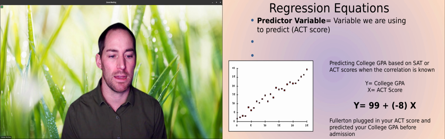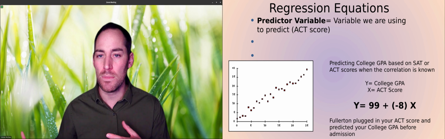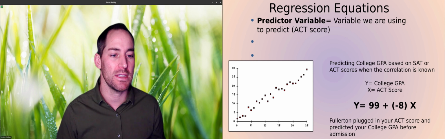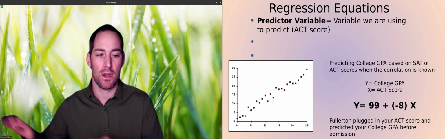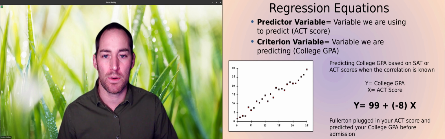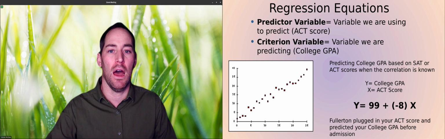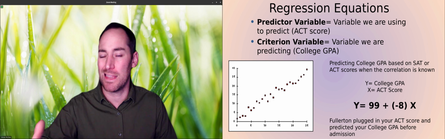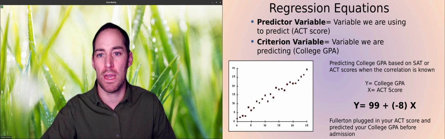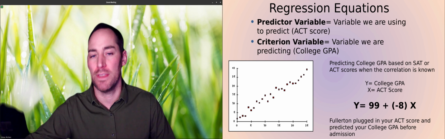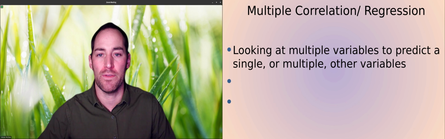So we're using our high school GPA and our ACT score, plugging those in to predict college GPA. So the criterion variable is the variable we are predicting, in this case college GPA, and the predictor variables are the ACT score and high school GPA. Those are the predictors of the final variable, the criterion variable.